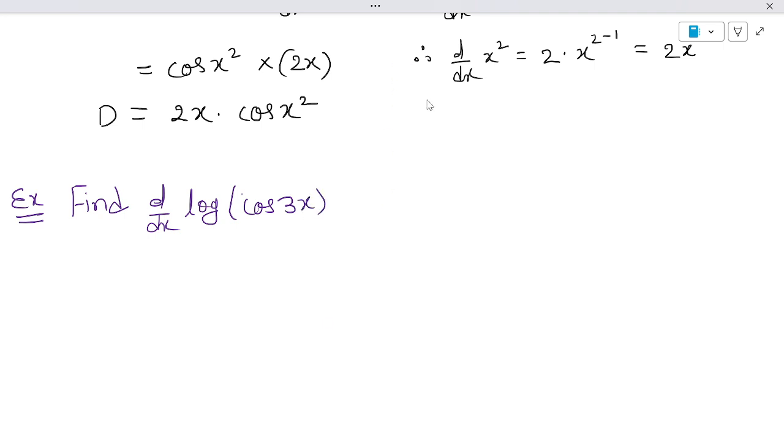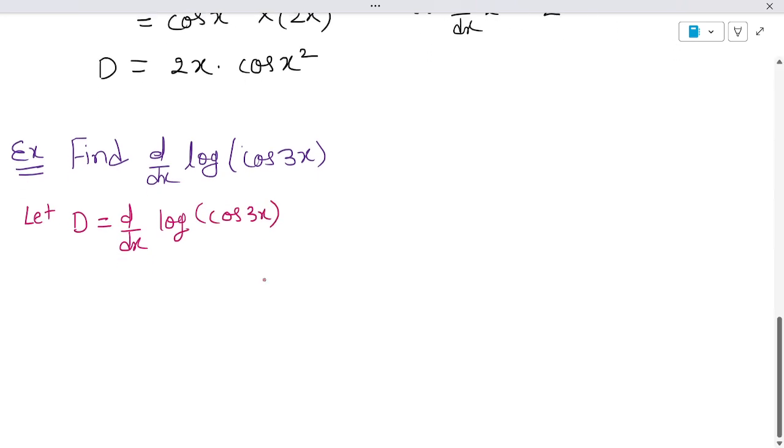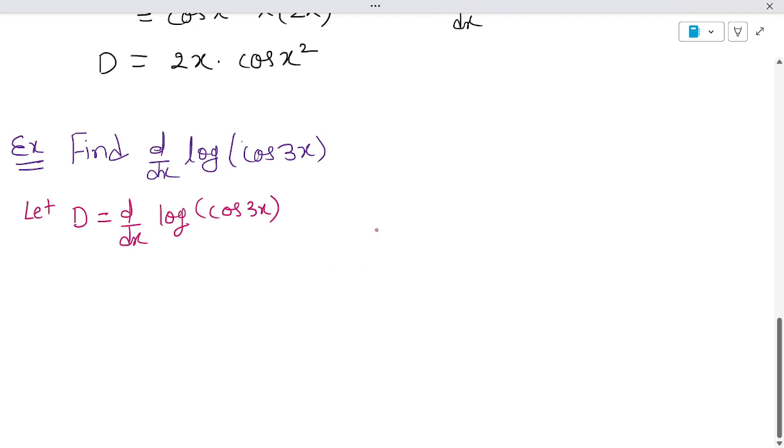So here, to find this, let capital D be the derivative of log of cos of 3x. So before solving this, recall the formula. What is the derivative of log x with respect to x? Derivative of log x with respect to x is 1 by x.